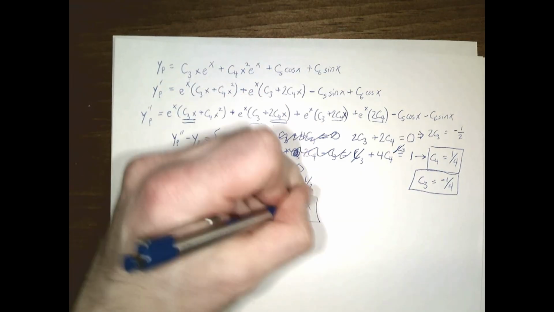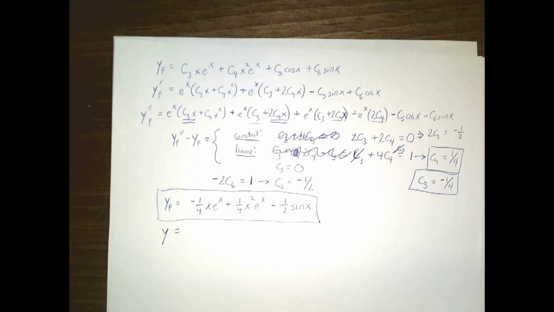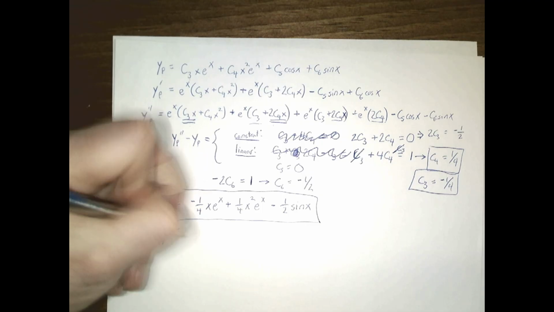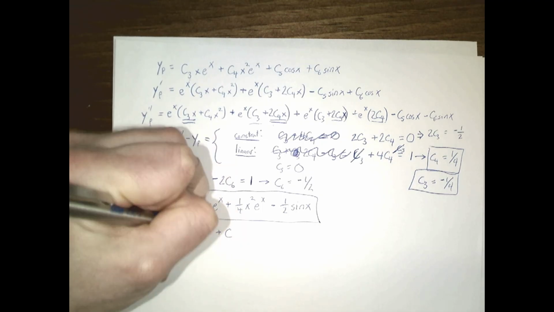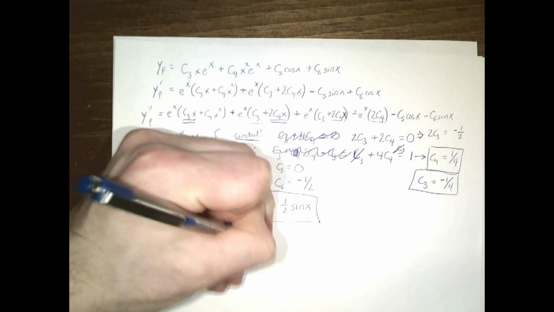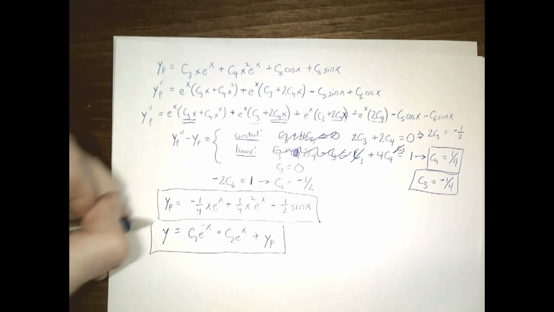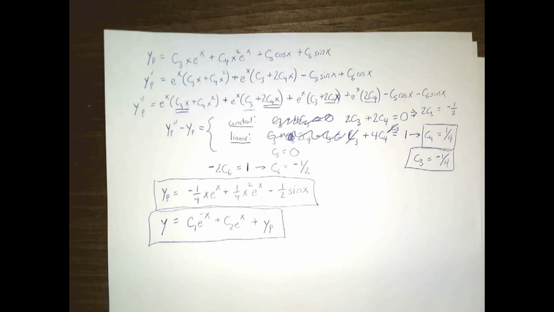That's our particular solution. The overall solution y is going to be equal to C1 e to the x plus negative x plus C2 e to the x plus our particular solution. I'm not going to write it out again. But that would be our 5-term monstrosity that we just figured out.